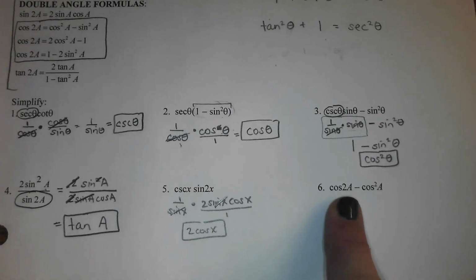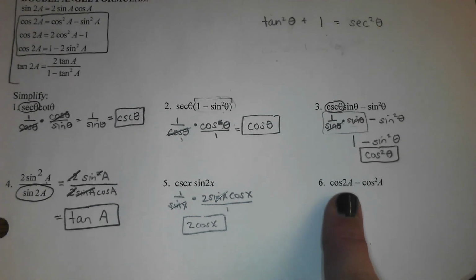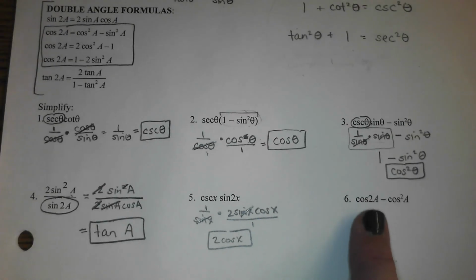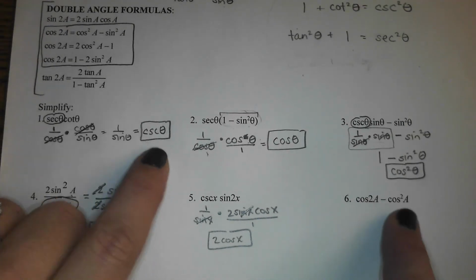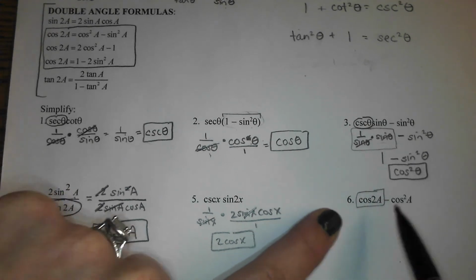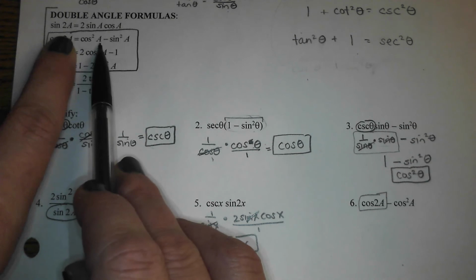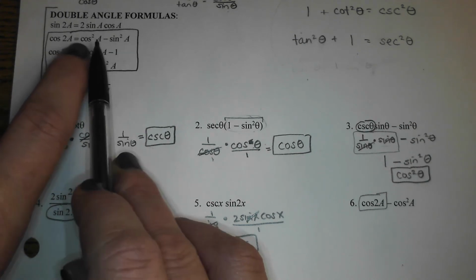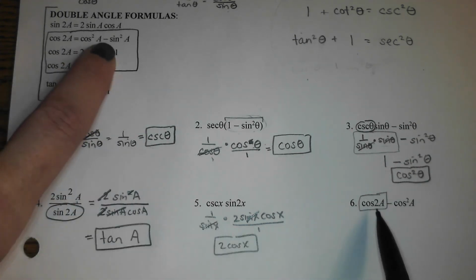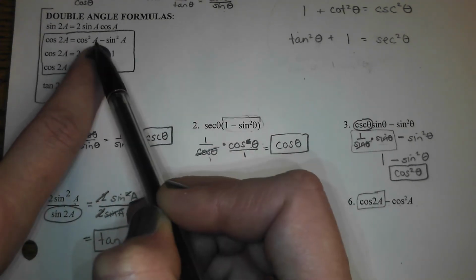So here's a cosine double angle in number 6 that we're going to have to choose from. And even for me, it's hard to fully foresee what's going to happen without a little trial and error, but my first thought when I see this is there's a minus cosine squared of a after this. So if I do pick the first one, which includes a cosine squared and a sine squared, this minus cosine squared after that will cancel with that one.